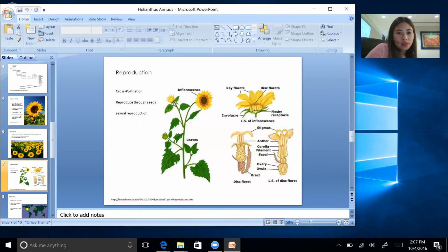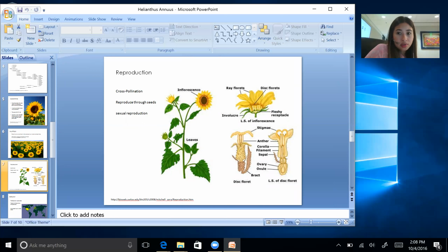And then we're going to talk about the reproduction of the sunflower. The sunflower uses cross-pollination through the animals that pollinate it. They go to the flower, the pollen gets stuck to their body, and then the pollen gets onto the disc florets, and that's where the whole fertilization happens.